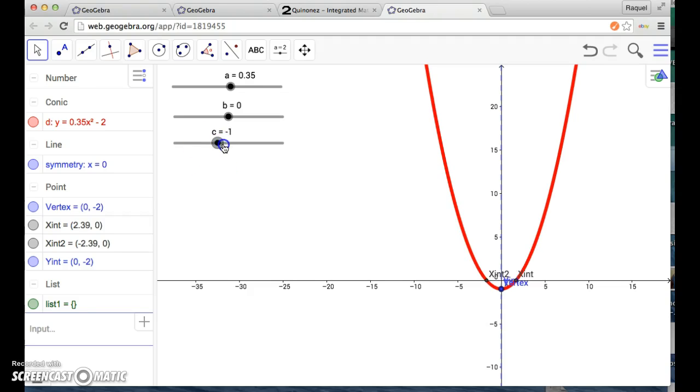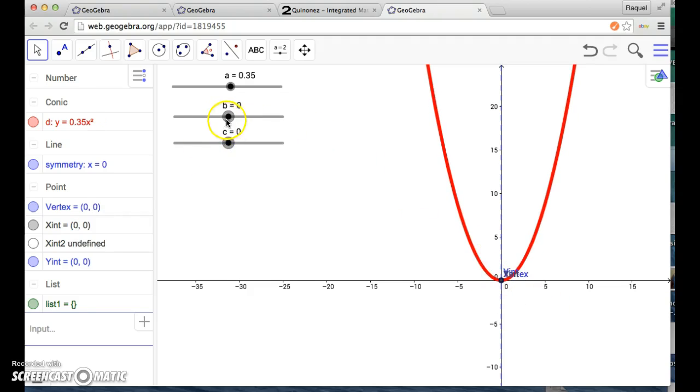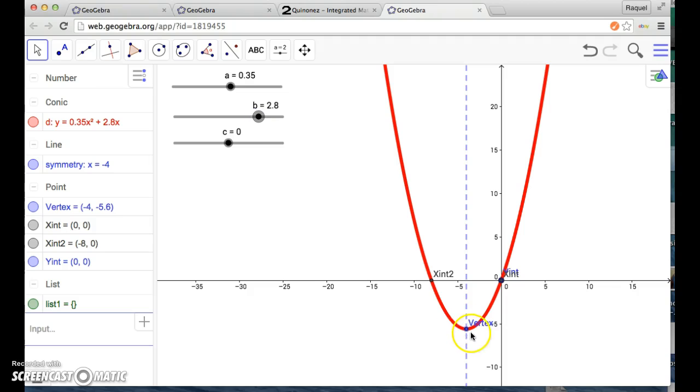The vertex is the lowest point of a positive quadratic. You can find the axis of symmetry. I'm going to hide everything here.